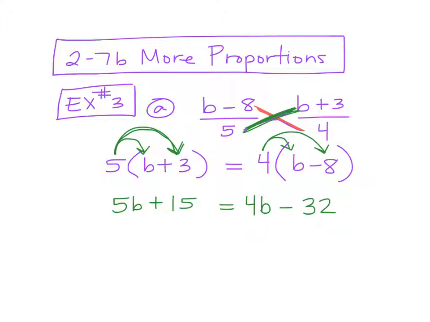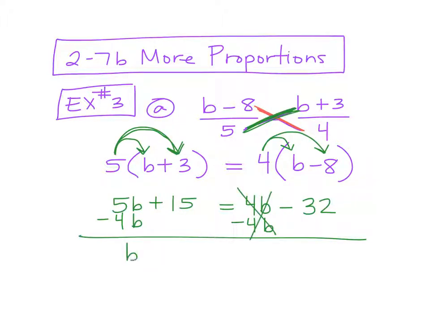So that's your setup, okay? Now you have variables on both sides. How do I get them to one side? Subtract what? Subtract the 4b. Because it's already positive, so you want to cancel it out. So subtract 4b from both sides. This is gone.